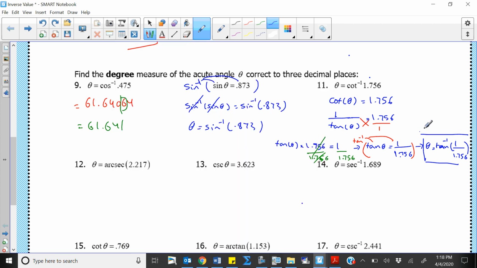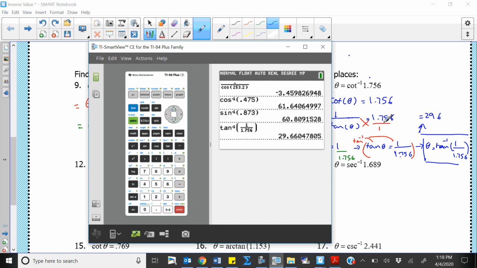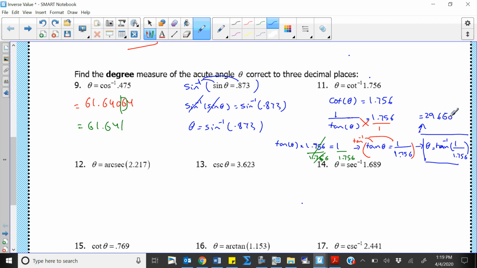I'm going to write it here, 29.6604. Okay, so that's my answer, and I can round it, and because this number is less than 5, the rounded form will be 29.660.